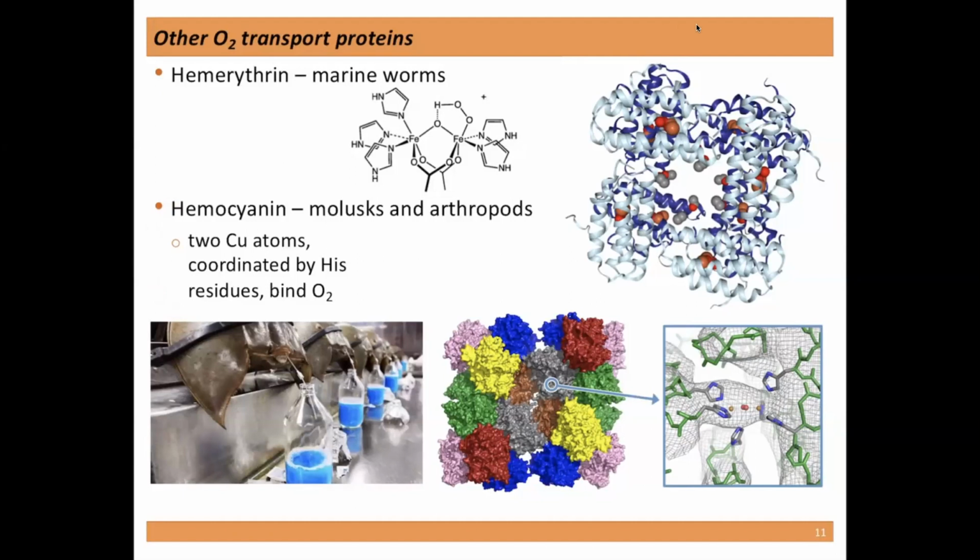And if you didn't know, there is big business in milking the blood out of horseshoe crabs. Their blood tends to have a rich blue color, and that's because it's actually a copper atom, well, actually two copper atoms that are coordinated by histidine that bind the oxygen. And so you can see here them milking the blood out of these horseshoe crabs.